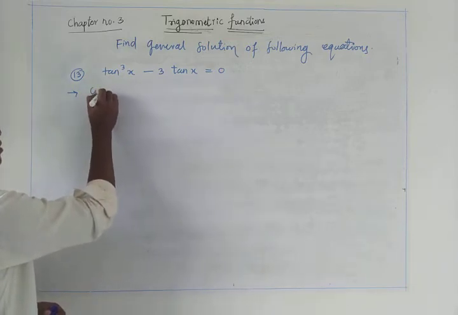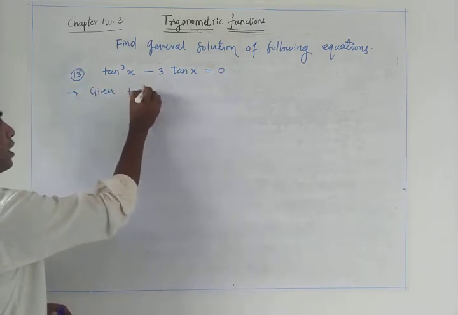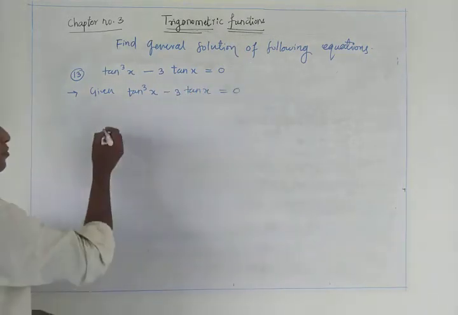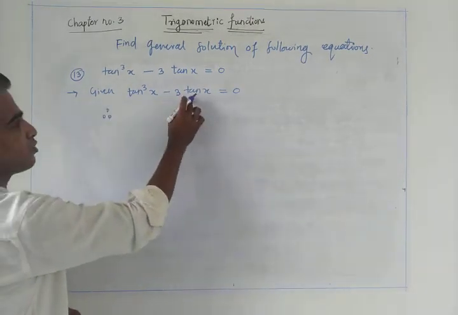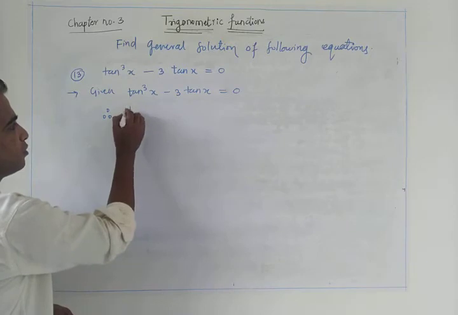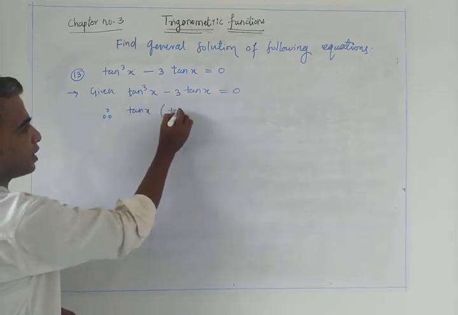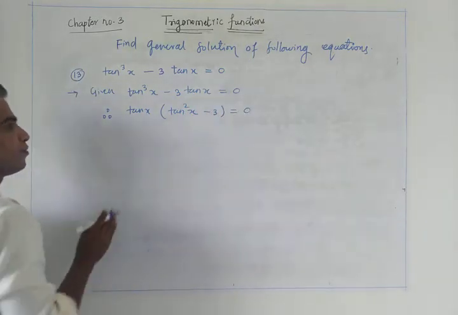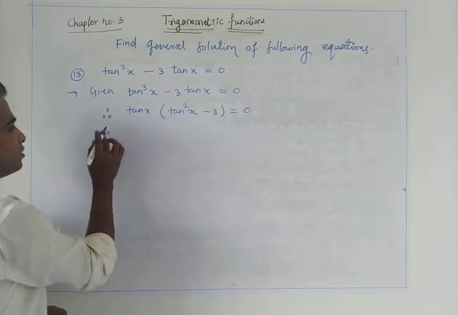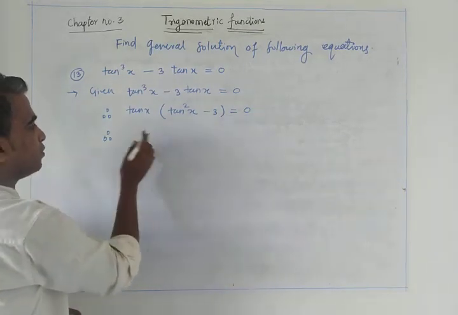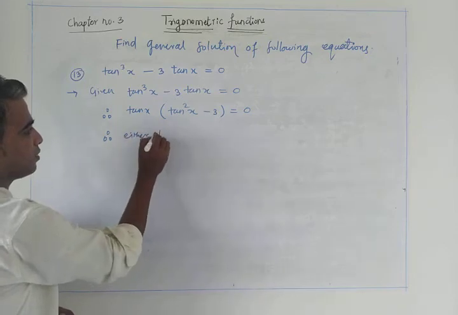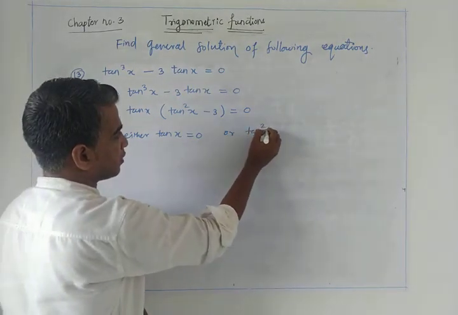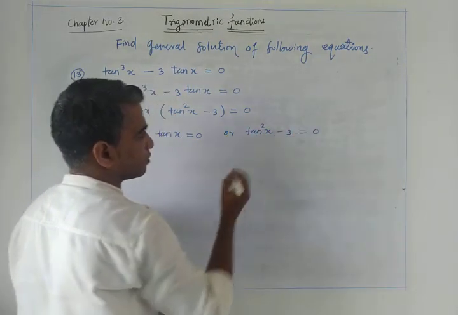Okay, so given tan cube x minus 3 times tan x is equal to 0. Now if we check, tan x is common in both terms, so tan x we will take outside, so inside tan square x minus 3 is equal to 0. Now already we know that by using factors equal to 0, it means either tan x is equal to 0 or tan square x minus 3 is equal to 0.